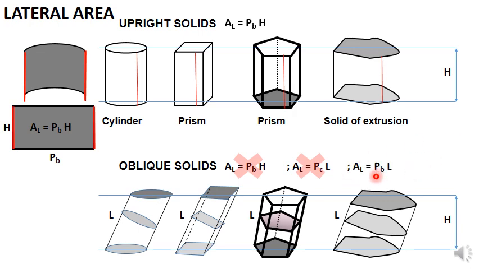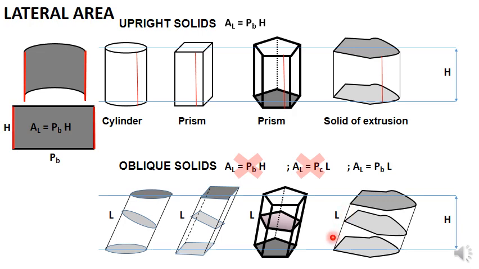We will compute the perimeter of the base. The base, in this case, is circular. This is rectangular. This is pentagonal. And this is a solid of extrusion. So we may compute their perimeter and then multiply it by the slant height.